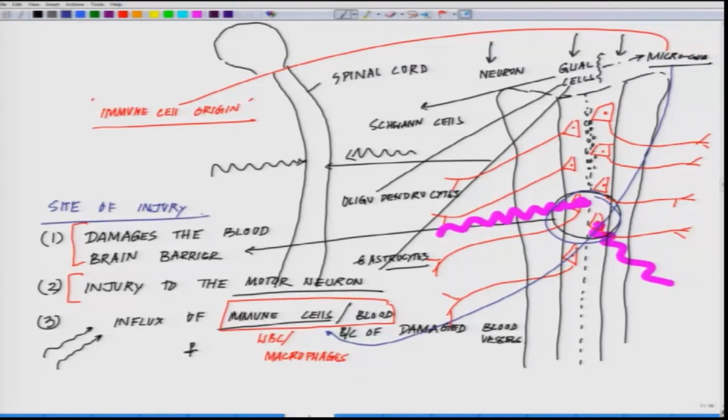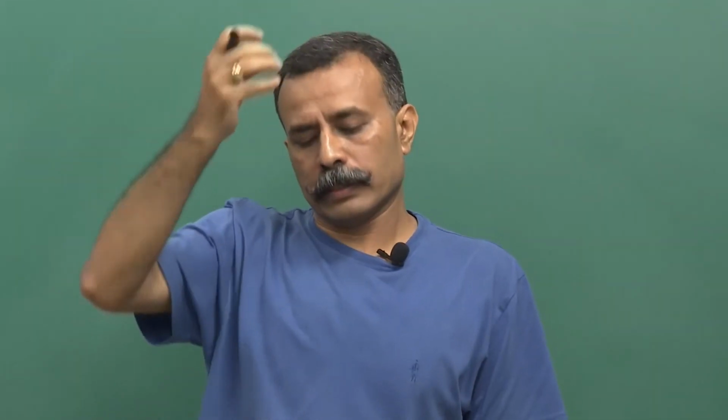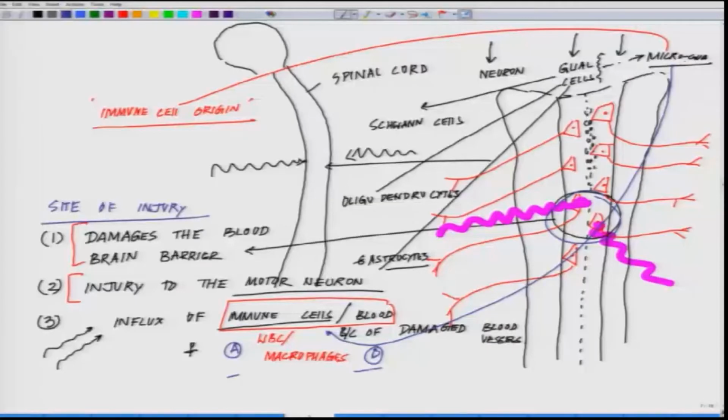there are essentially 4 events which are happening if I classify them. Damage to the blood-brain barrier, injury to the motor neuron, and influx of the immune cells from the damaged blood vessels, as well as the influx of the microglia, and microglia from dormant phase becomes active.